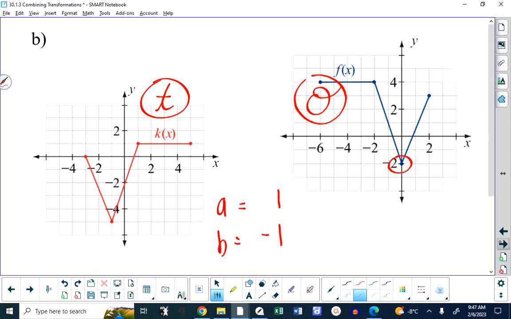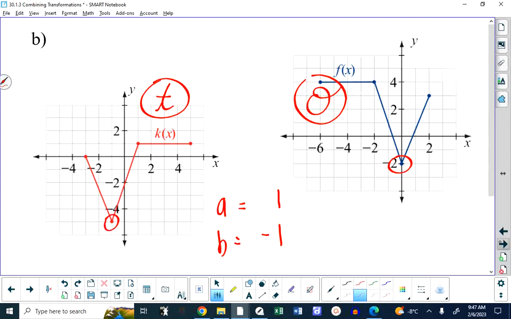I hope that you understand that's a relatively smart point to choose because it's not going to be affected in this question by A and B. First of all, there's no vertical stretch. Secondly, if I take that point and reflect it horizontally because of the -b, it's not going to move. So where does it have to land? It has to land here.